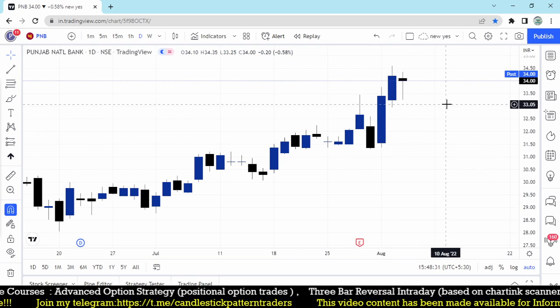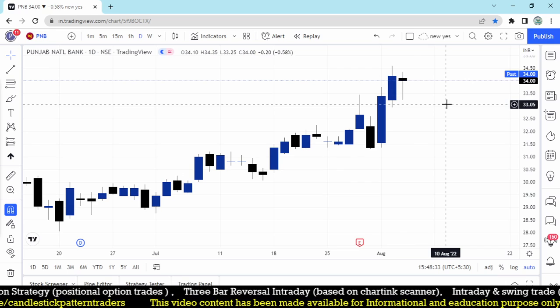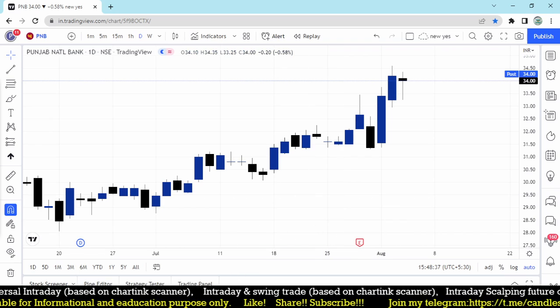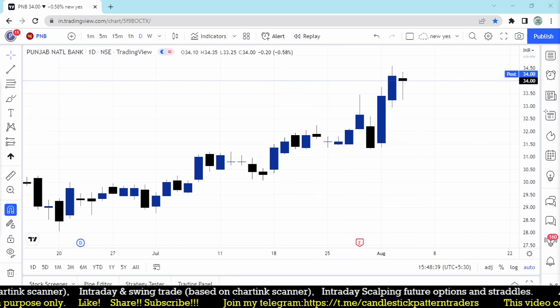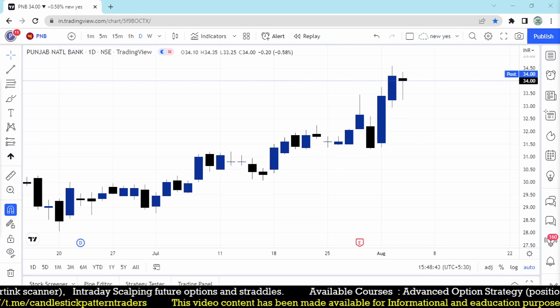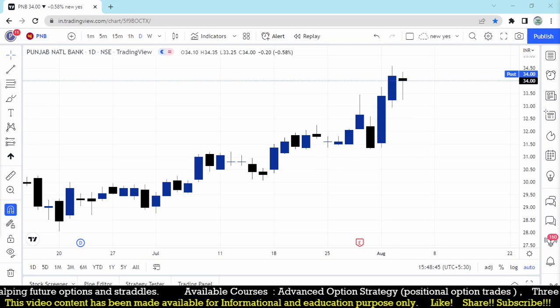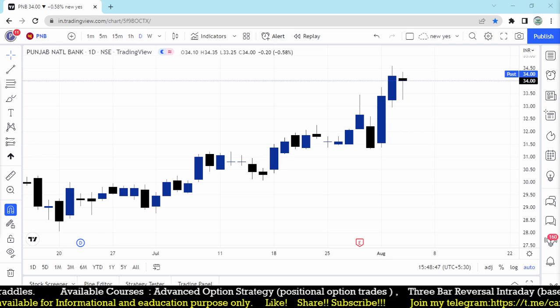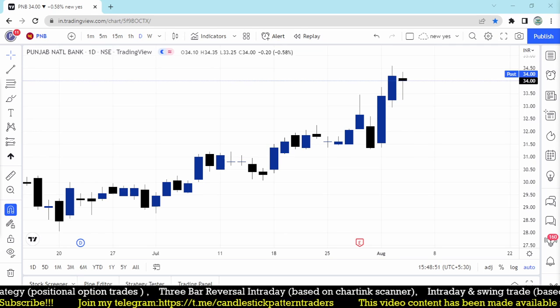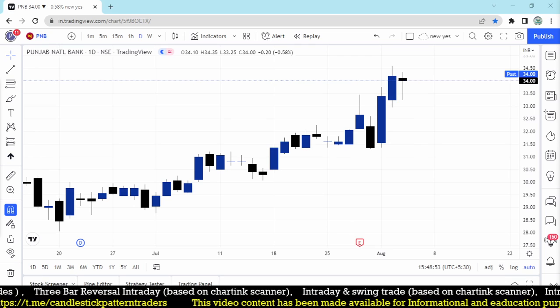The option is giving almost 40-50% return on a two day basis. I'm showing how we booked good profit on these two stocks, and some other stocks we are still holding. It's purely a positional trade based on the advanced option strategy, not for intraday opportunity.